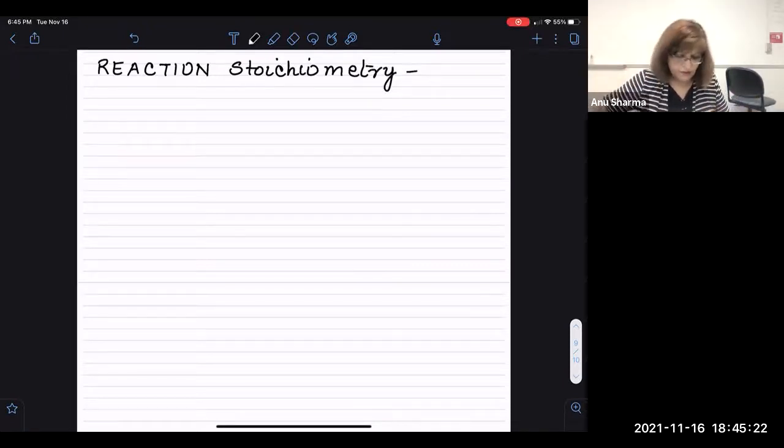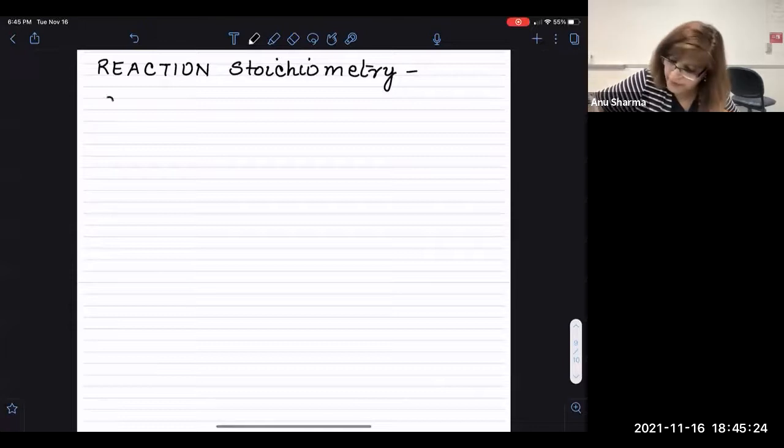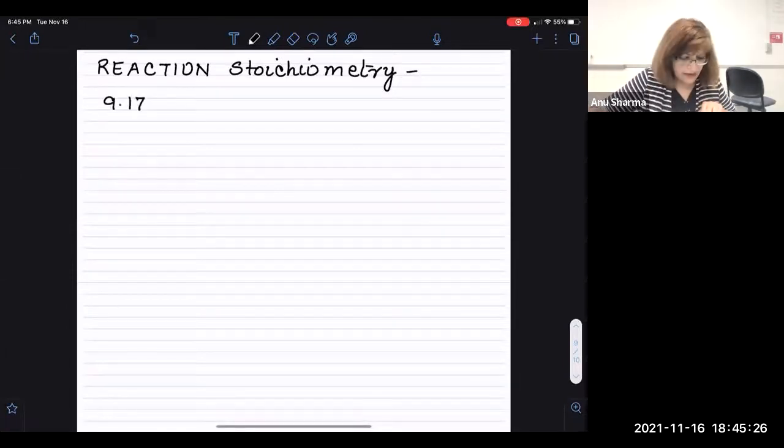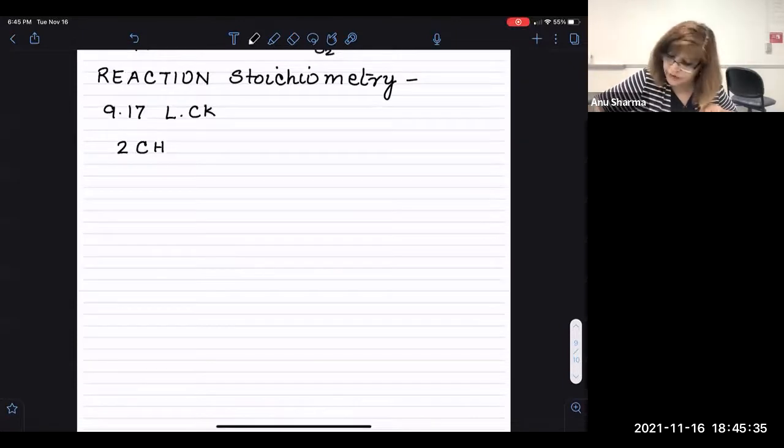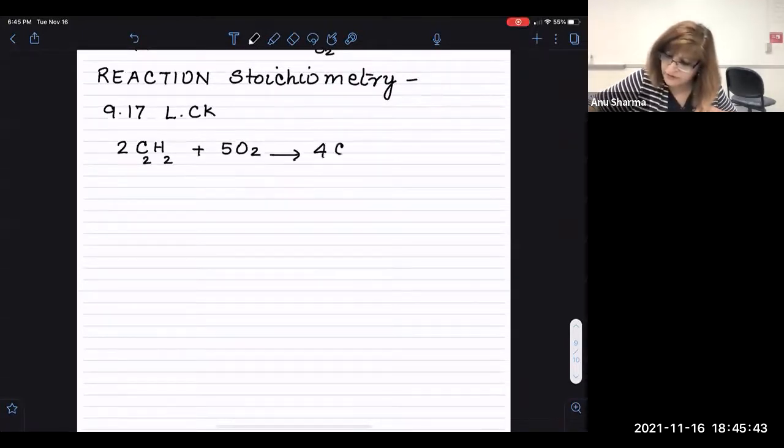So here you are given, this is the problem 9.17 and learning check. So you are given 2 moles of acetylene, which is C2H2, and this is reacting with 5 moles of oxygen as a gas. This is a combustion reaction giving you CO2, okay? CO2 and 2H2O.